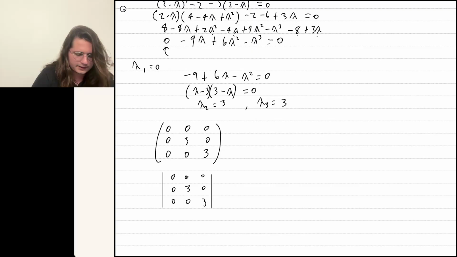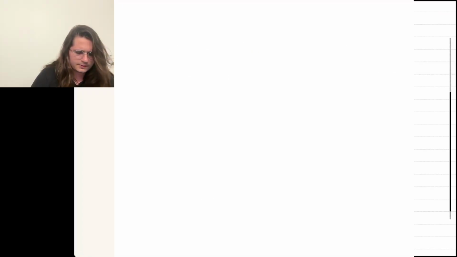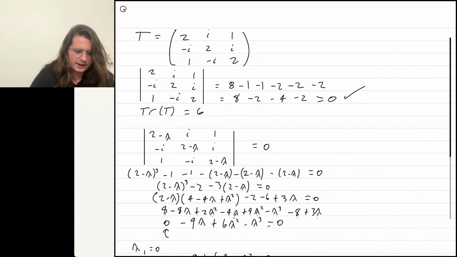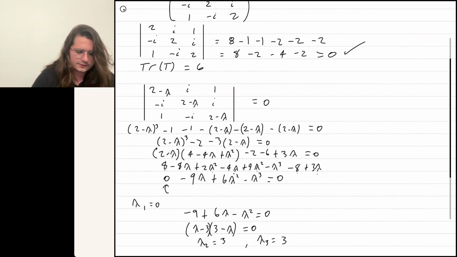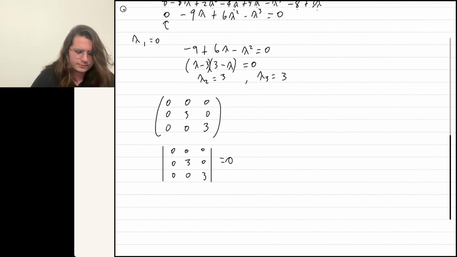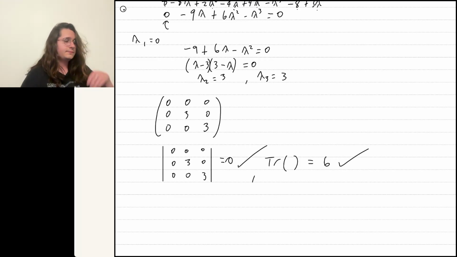The determinant of that is 0 times 3 times 3, so 0. The determinant was 0, right? Yes. And then the trace was 6 for the matrix we were given. 3 plus 3 is 6, so the trace of this guy is also 6. So these are both fine.